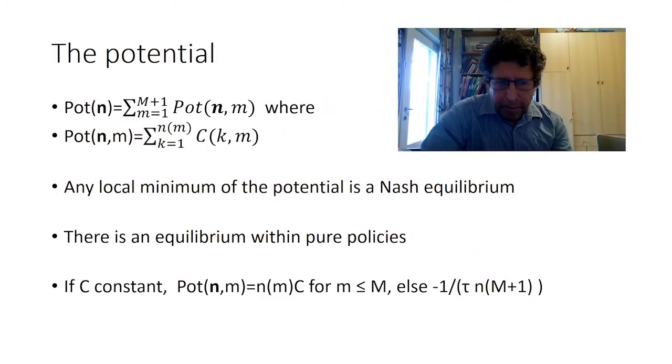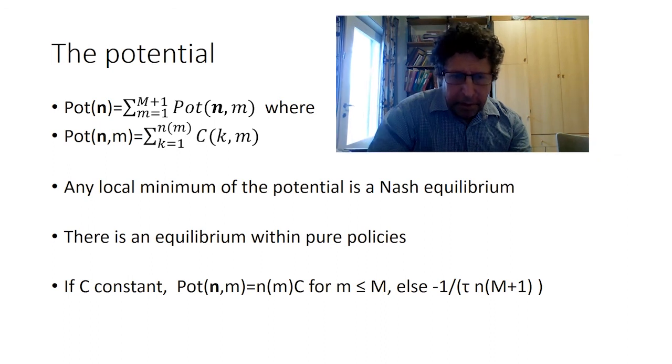The potential is additive. It is the sum of potentials over each one of the M routes, where a route corresponds in our case to a vaccination type. The game can be transformed into an optimization problem in the following sense.